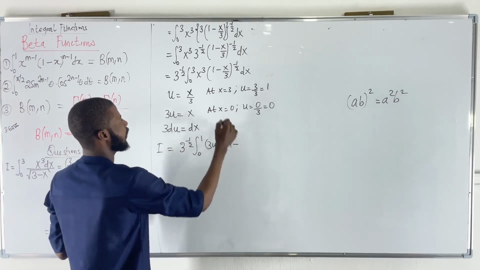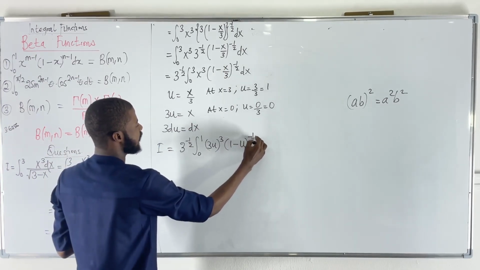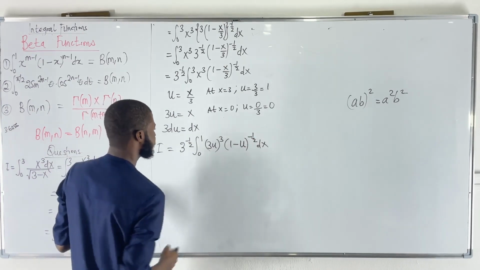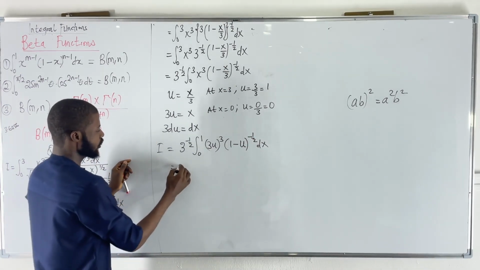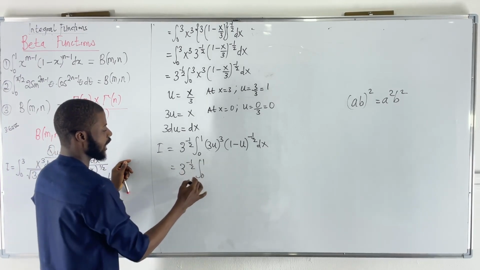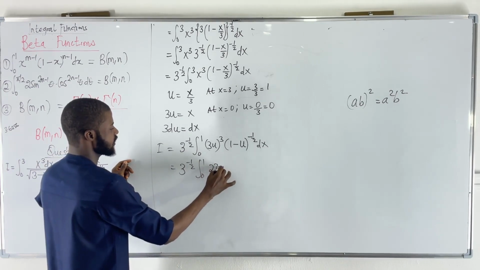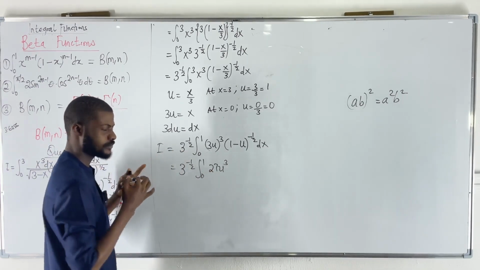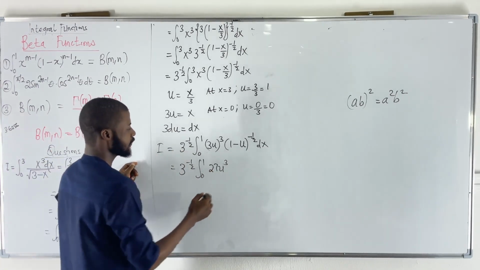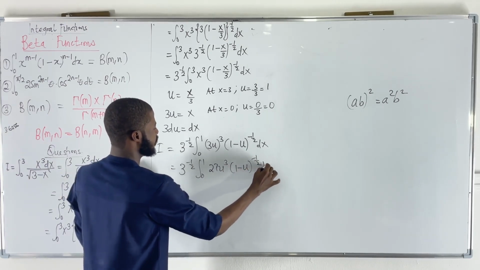And then 1 minus x over 3 is u. And then to the power of minus half dx. Okay, this will be 3 to the power of minus half, integral from 0 to 1. 3 cubed is 27. So this is 27u to the power of 3, and then 1 minus u to the power of minus half dx.